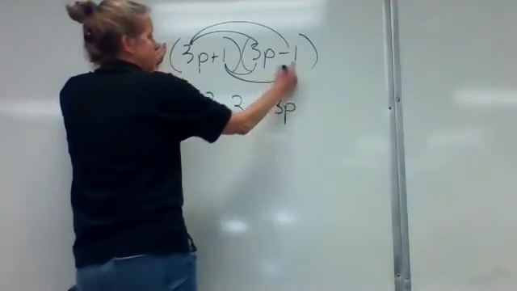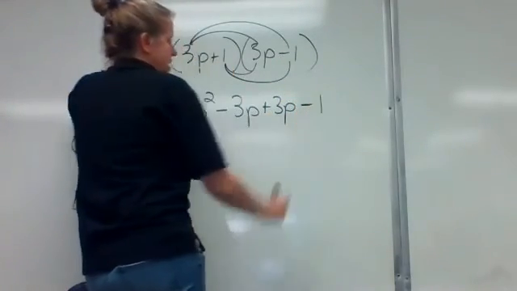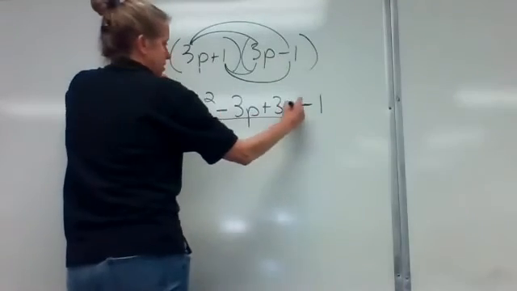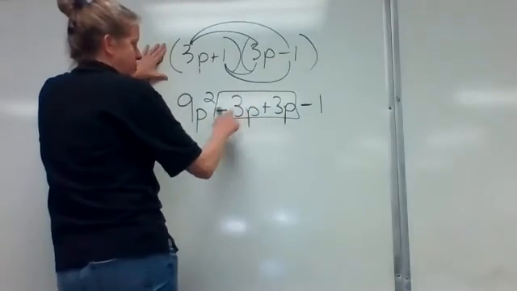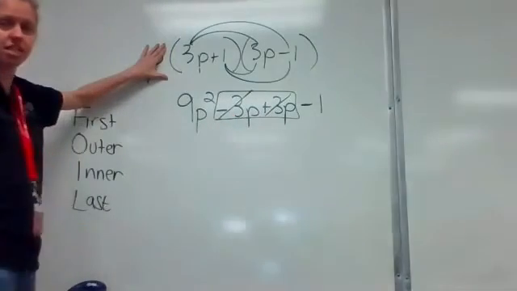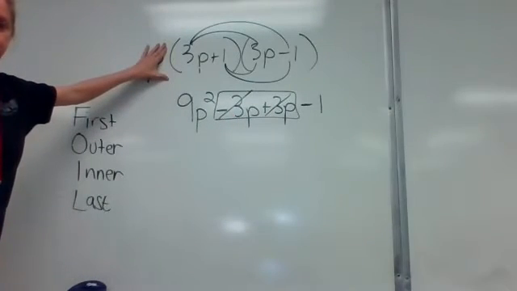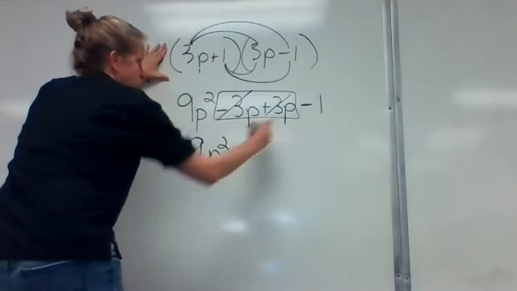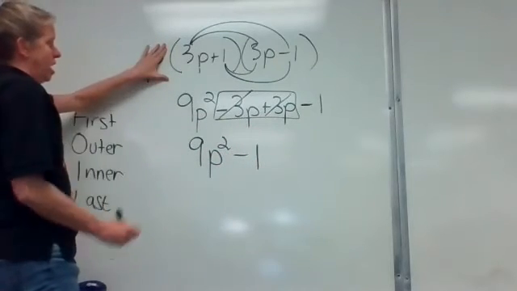And my last, positive 1 times negative 1 is negative 1. Now, there's my like terms, and again, they're positive and negative of the same number. So they just cancel each other out. So I just have 9P squared minus 1.